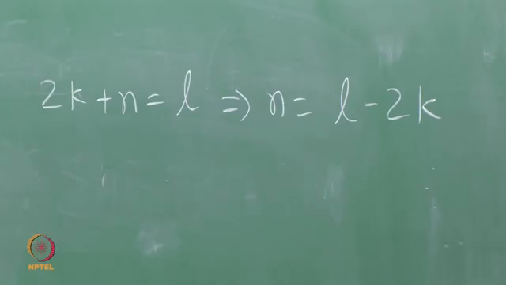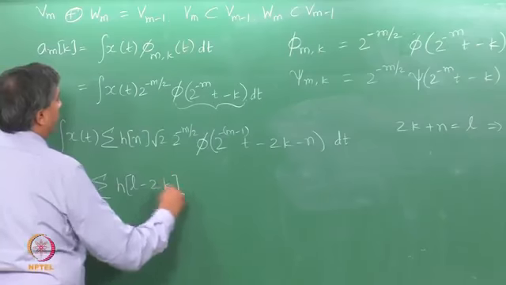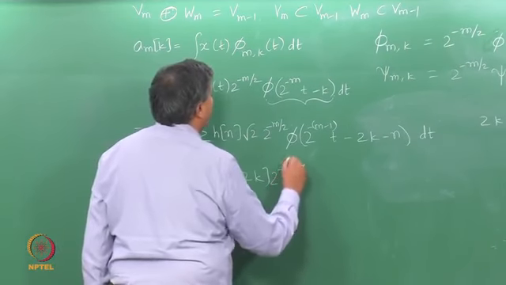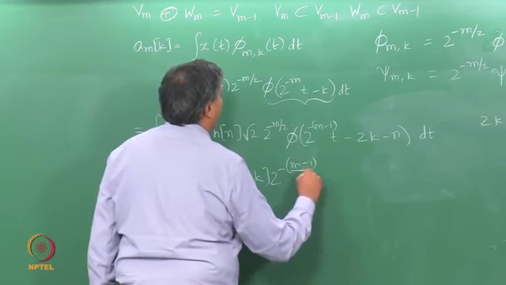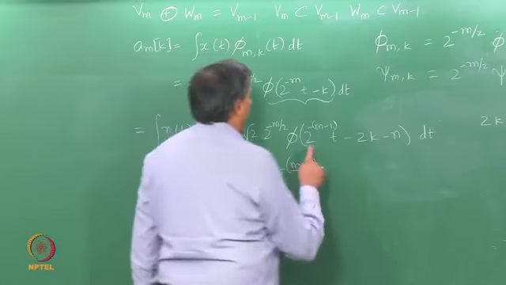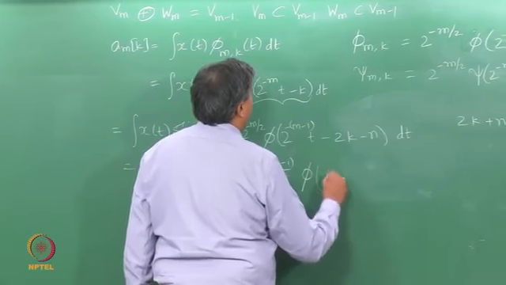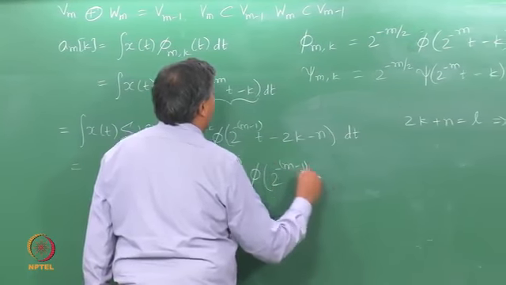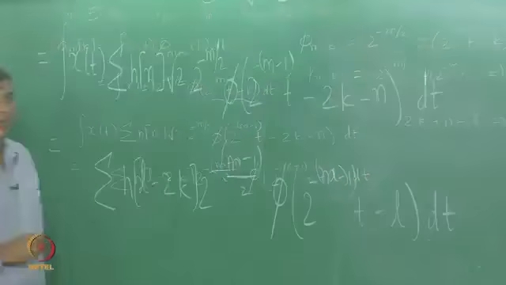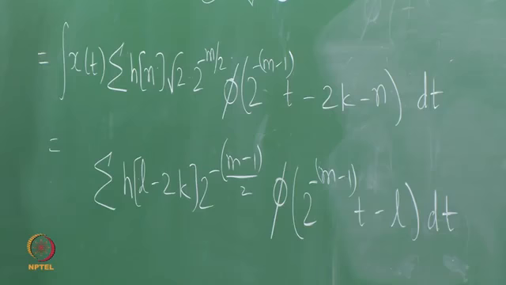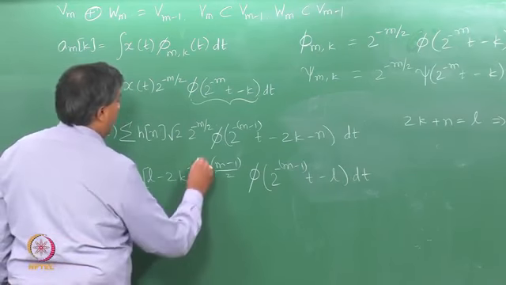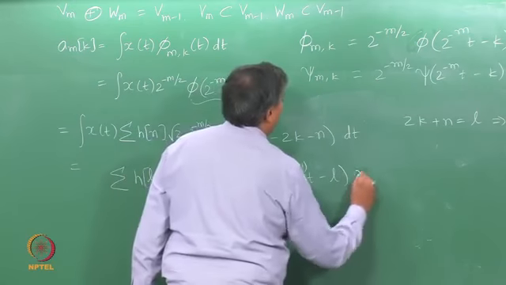So, instead of n here I write L minus 2k and then I have 2 to the minus m minus 1 by 2, where I have clubbed root 2 with the 2 to the minus m by 2, and then now I have phi of 2 to the minus m minus 1 t minus L dt. Now, this is very nice. Of course, there is an integral here, I am sorry. So, integral of this times x of t dt.